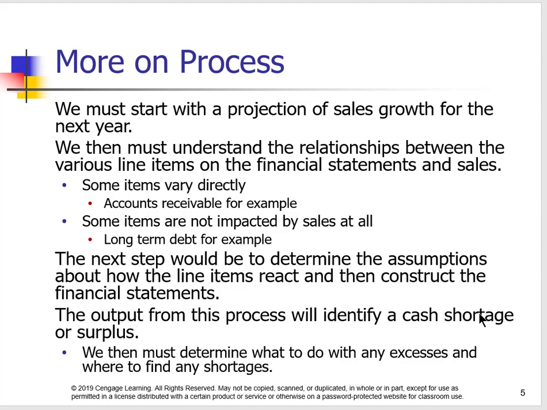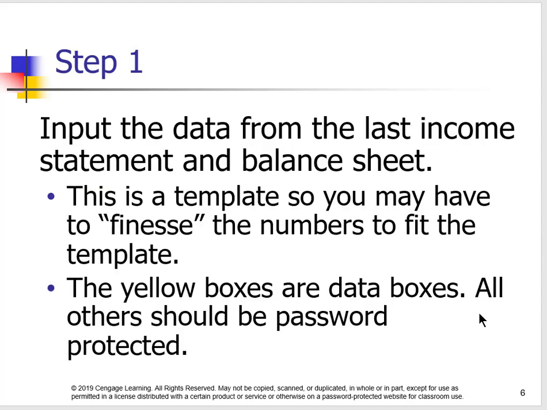So the output from this process, in the end, is to identify whether we have a cash shortage. That is, do we need to go out and get more money, or do we have some kind of surplus? We have to figure out what to do with those excesses and, of course, where to find any of the shortages.